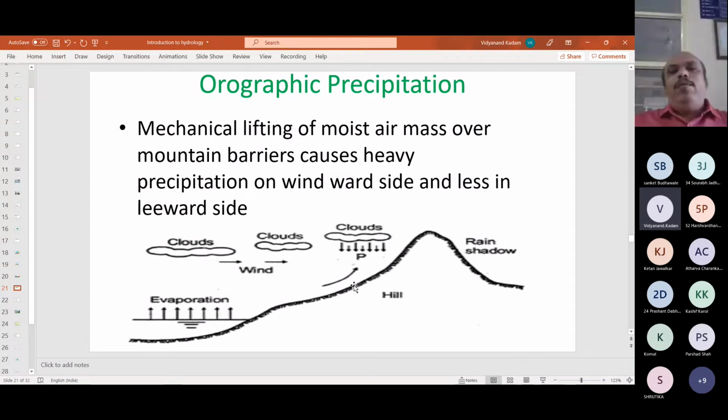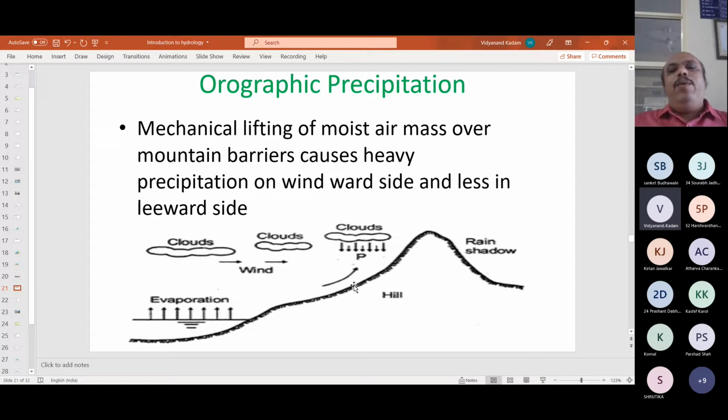So in our Western Ghat area, the precipitation is of orographic type, because when the monsoon wind from the Arabian Sea reaches the Indian continent, there is a large barrier of Sahyadri mountains. Due to this barrier, these clouds get lifted to higher altitude, and due to that heavy precipitation takes place on the windward side.